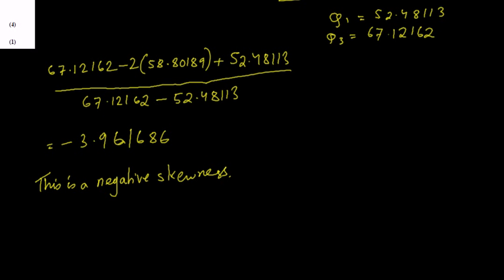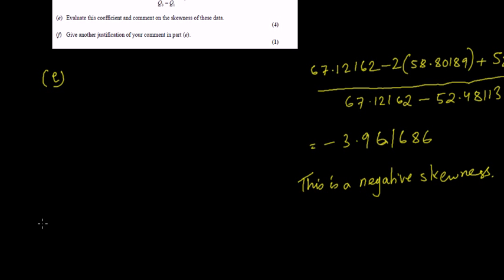That's it. So the final one, question number F. Give another justification for your comment in part A. You know, there are quite a number of ways of talking about skewness. One of them is the mean and median. That is the easiest. So let's write down the value of mean. We just need to compare. We don't need that much accuracy.